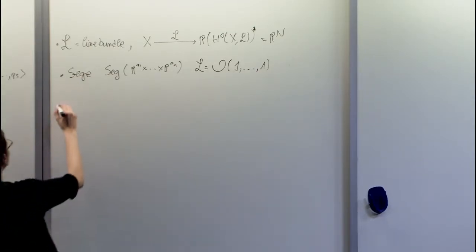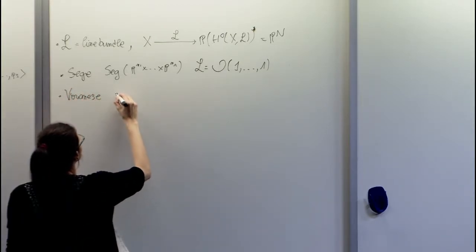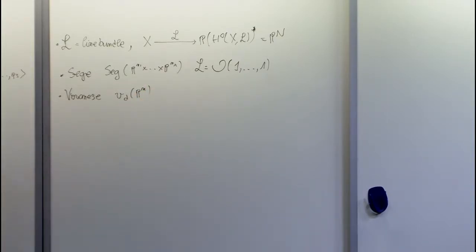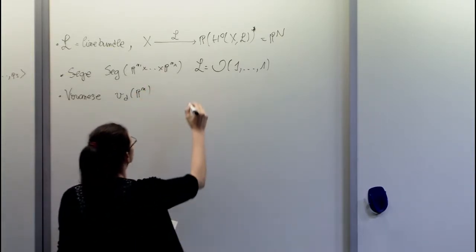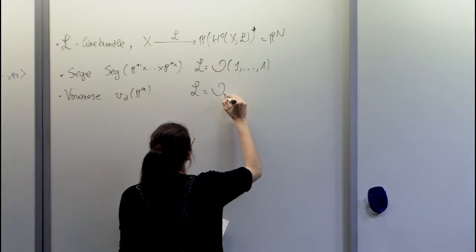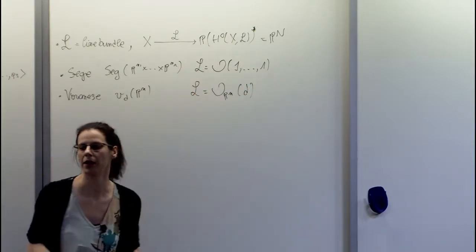In the case of Veronese, I take the dth Veronese embedding of the nth projective space. Then the line bundle that I have to take in order to get this embedding is O_Pn(d). So I just take the structure sheaf and I twist it by d.